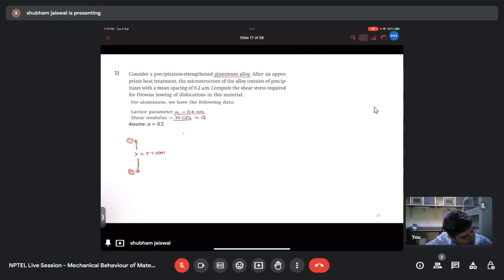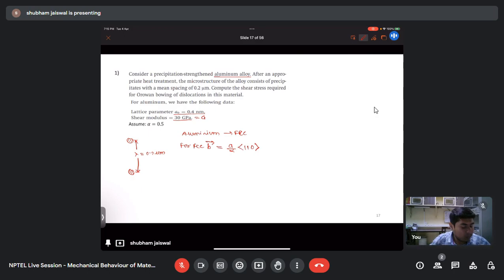So we know the aluminum is FCC, and for FCC the Burgers vector is, what is the Burgers vector for FCC? It's a by 2 of 110 type. Okay.